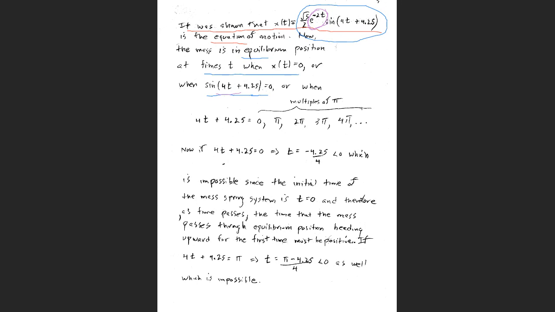So, when is a sine function equal to 0? The sine function equals 0 when the angle is equal to multiples of pi. If you think about the sine wave, what's the sine of 0? The sine of 0 is 0. What's the sine of 180 degrees? That's 0. What's the sine of 360 degrees? 0.